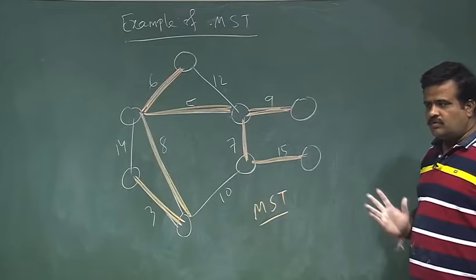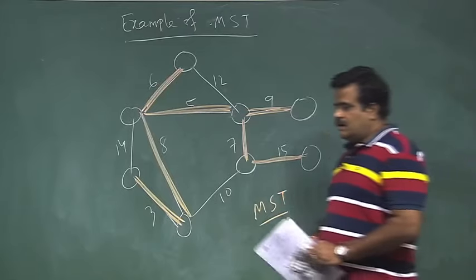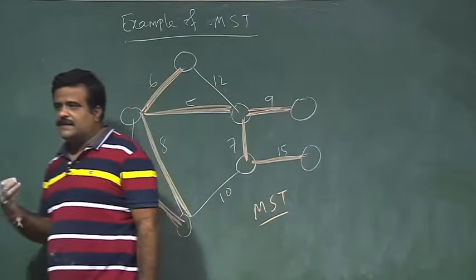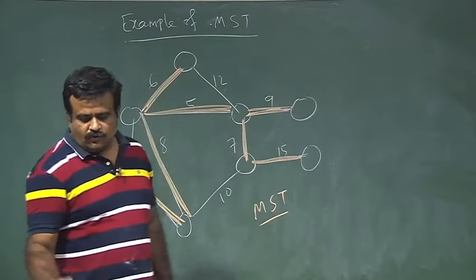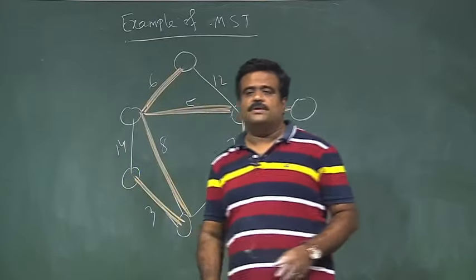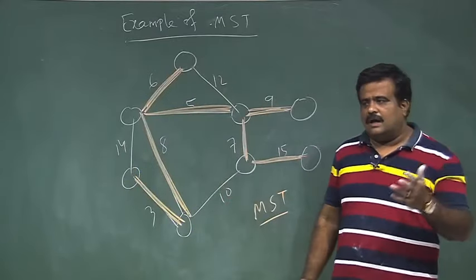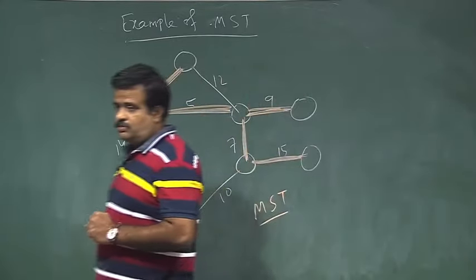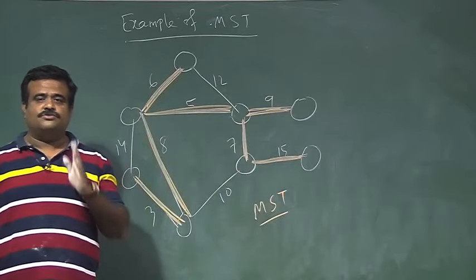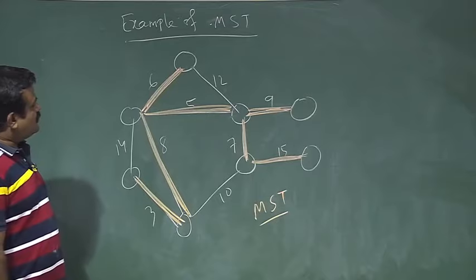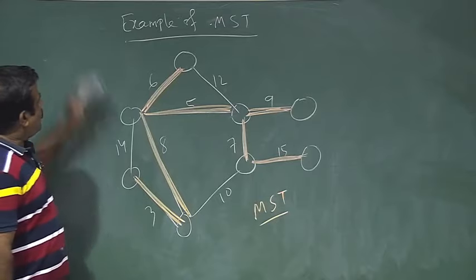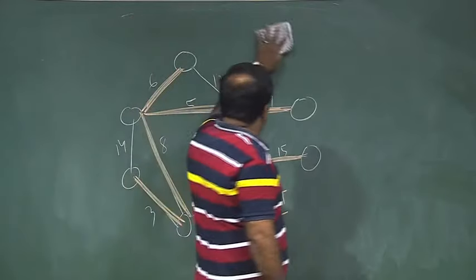Now we want to know the algorithmic way to construct such an MST. For that we want to see whether we can use the dynamic programming technique which we know. For that we need to check the hallmarks. There are two hallmarks for a dynamic programming problem.